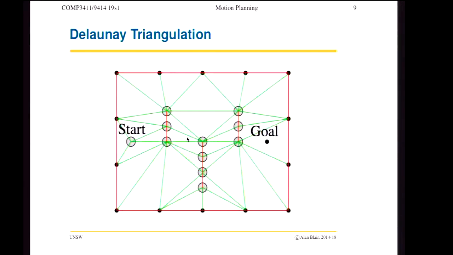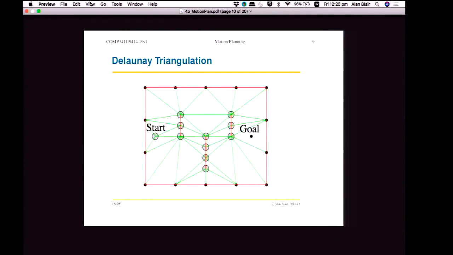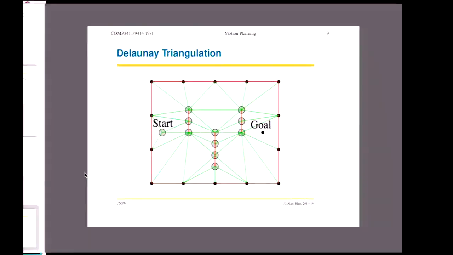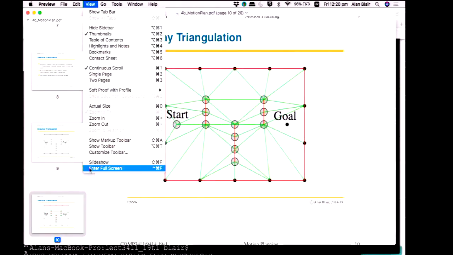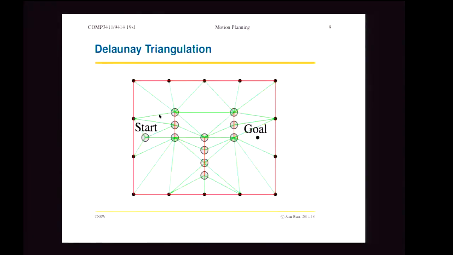So that gives me this Delaunay triangulation. And you notice some edges are marked in red. That means this edge is too short. I can't pass between those two obstacles. They're too close together.